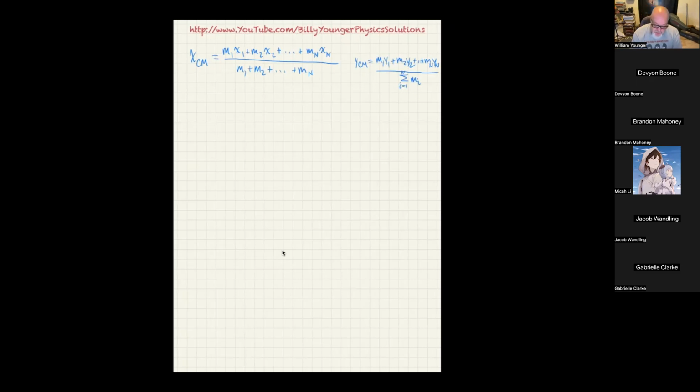So let's start off. I'm going to make up a problem that's a little bit more complex than the first example your book does. I'm going to draw a coordinate system for starters. Okay, that's going to be my y-axis, and this is going to be my x-axis right here. And let's say we have a fairly uniform log, and I mean log like a telephone pole.